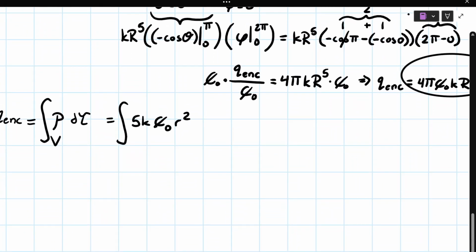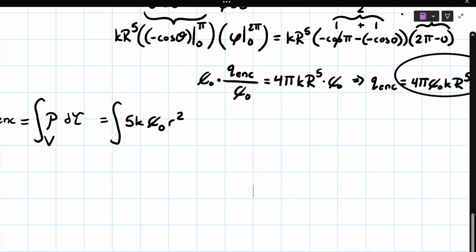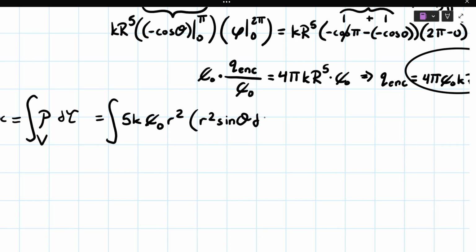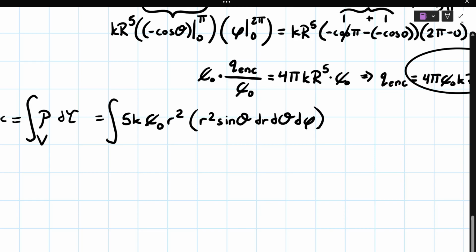And so now we use all three portions, right? All three elements, components of each of the different hat directions in d tau, the volume element. And we get this times r squared sine theta, dr d theta d phi, okay?